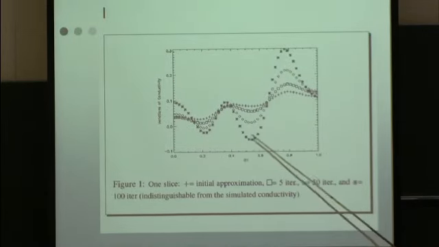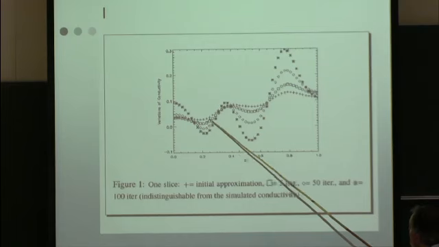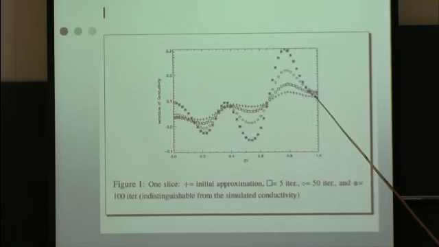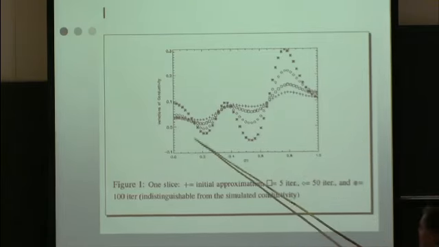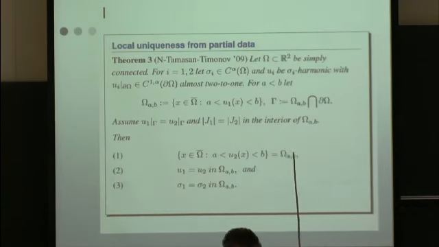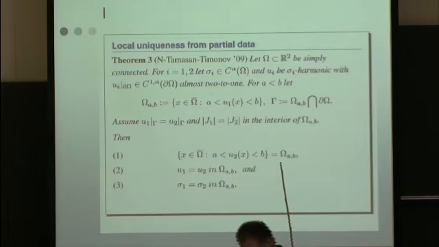After 5 iterations, you have the curve with, so this is a slice through a 2D picture to see things quantitatively. After 5 iterations, we are at the squares, and after 100 iterations, you have pretty much the exact reconstruction when there's no noise. And when there is some noise, I will show you in a moment, it's not super bad.